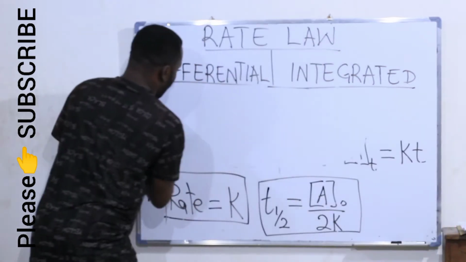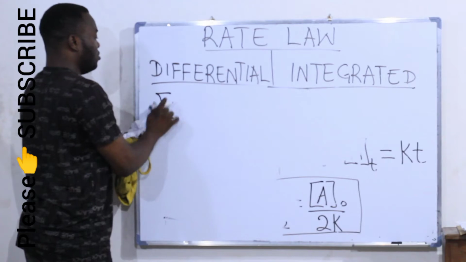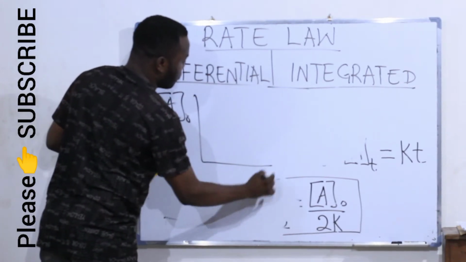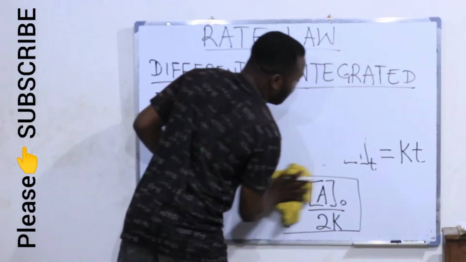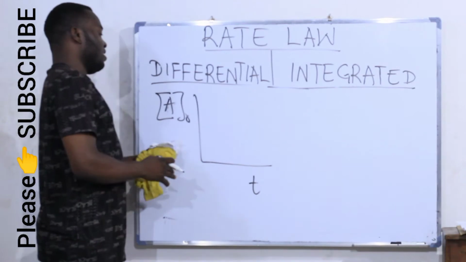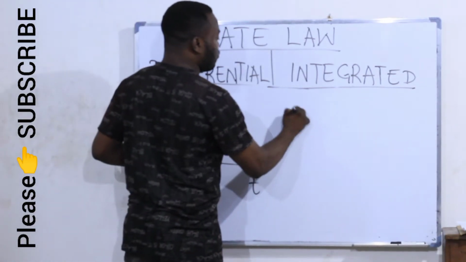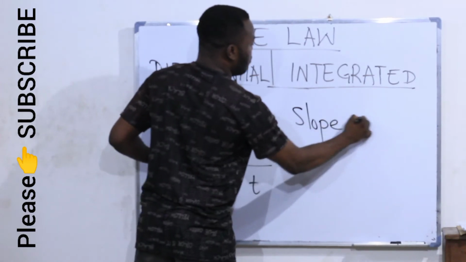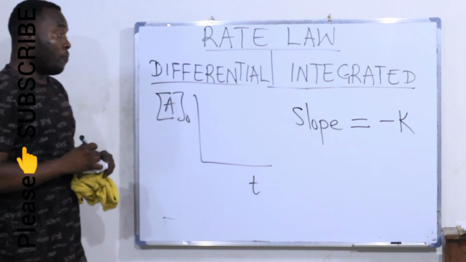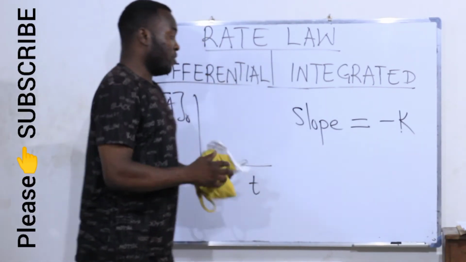Now, when you plot the graph of initial concentration, that is A naught, against time for zero order, note that the slope is equal to negative K. The slope of a zero order reaction is equal to minus K. That is for zero order.